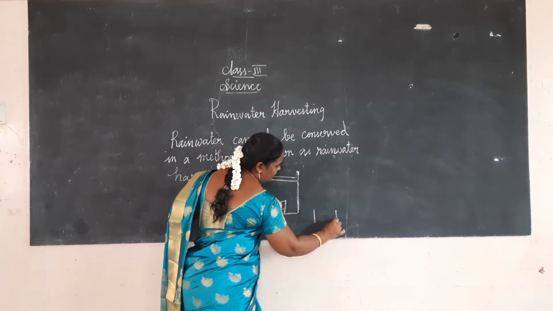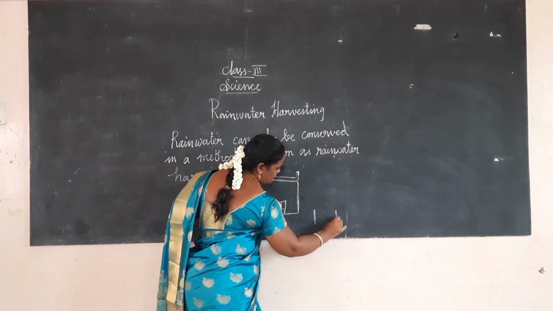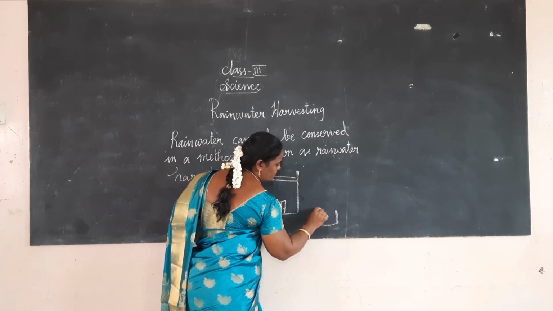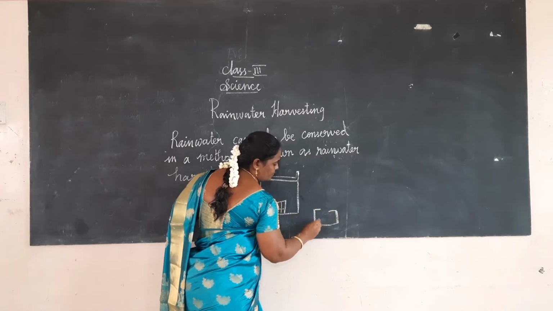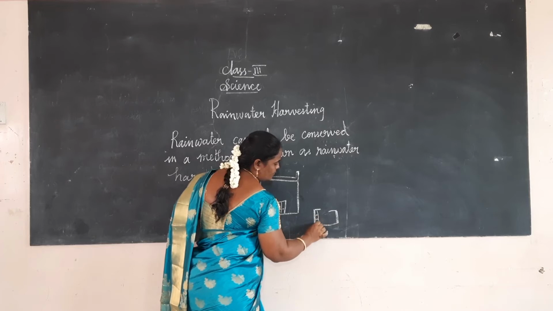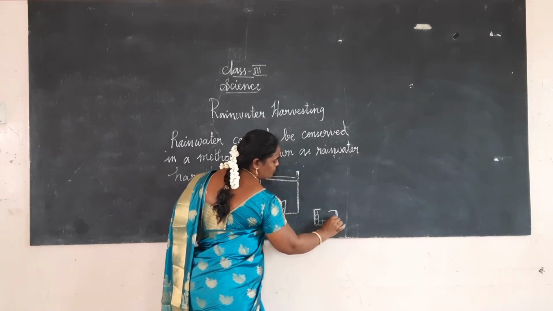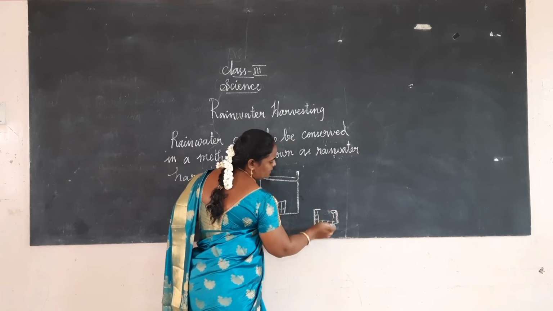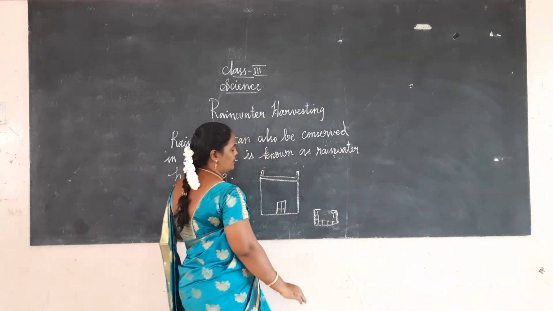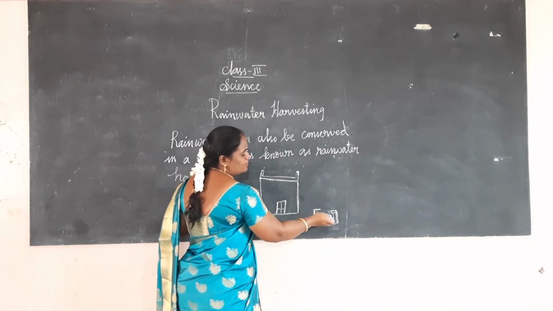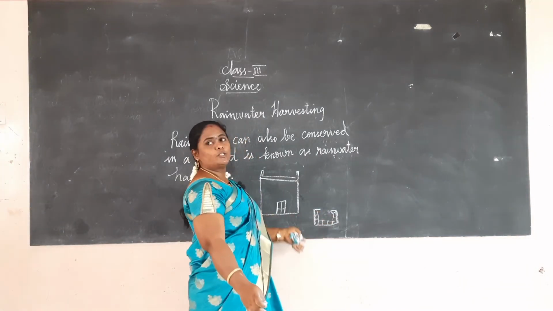Here we have built the rainwater harvesting tank. The rainwater harvesting tank is used for collecting and storing the rainwater. Inside the tank, tiles are laid to prevent water from seeping into the soil.